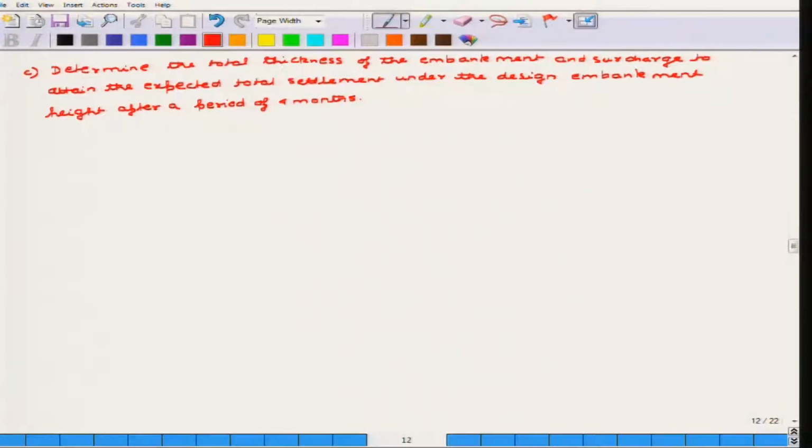So, let us first see that 34 centimeter is the consolidation settlement that we have obtained. So, delta S equals 34 centimeter. Let us see what is the time taken to achieve this 34 centimeter settlement.